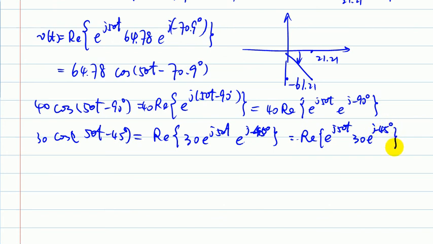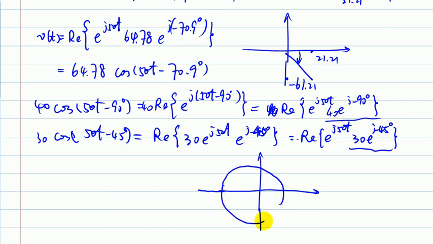I'm going to graph this on the complex plane. This phasor is 40, and the other phasor is 30. Let's take a look at the first phasor: 40 e^(-j90). 40 means r is 40, so the circle will have a radius of 40.